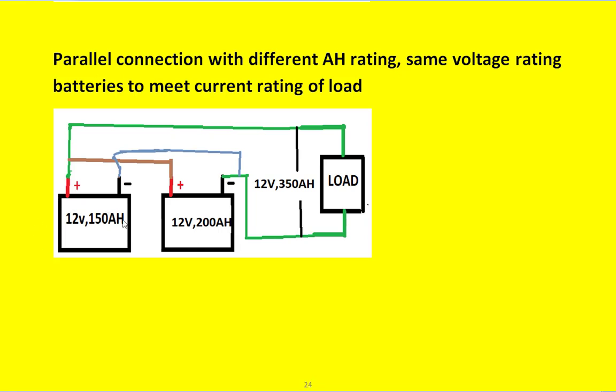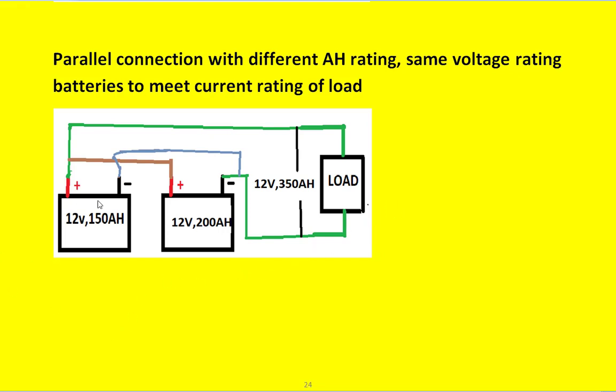So here we have one battery of 12 volts 150 ampere hours, and the other is 12 volts 200 ampere hours. So the difference is not very high. So we connect these batteries in parallel and the common terminal is connected to the load, so that we can meet the higher current rating of the load, like this.